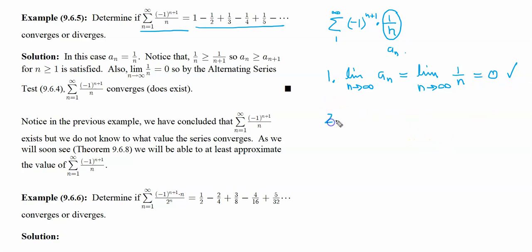Now condition 2, we need this, at least for little n bigger than some fixed constant. Well, let's consider this up here. So is it true that 1 over n is bigger than or equal to 1 over n plus 1? Is that true?